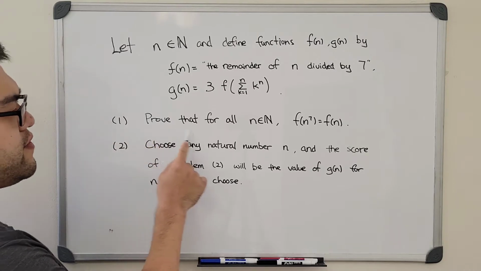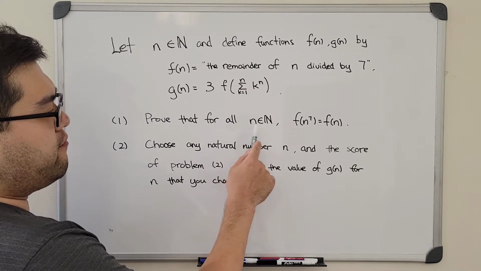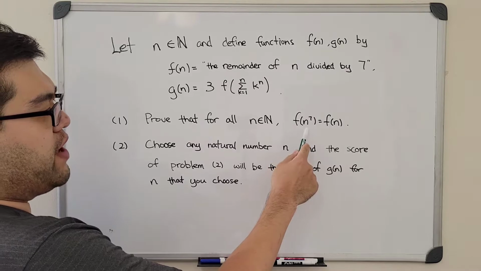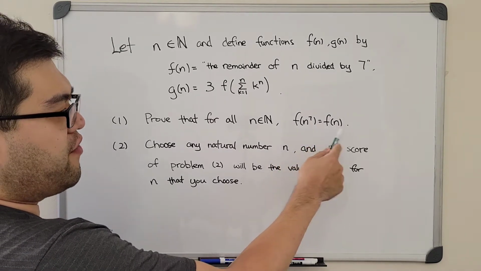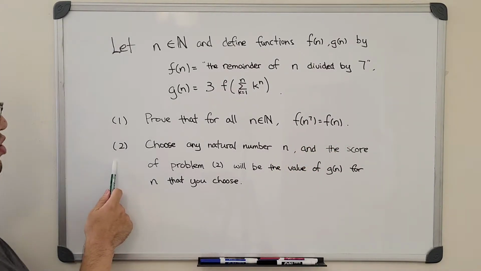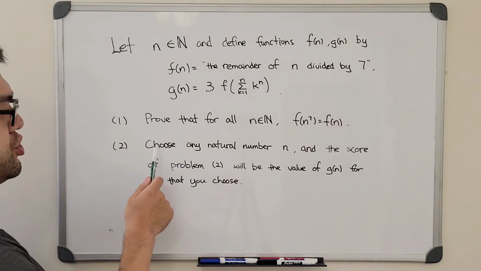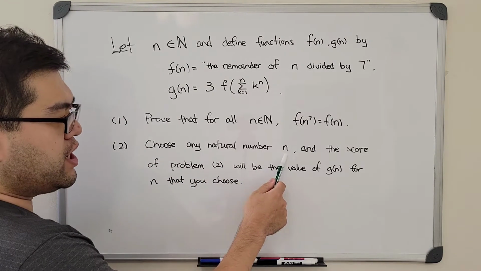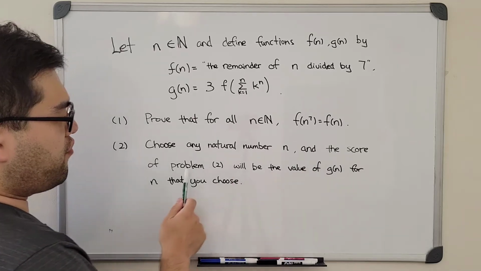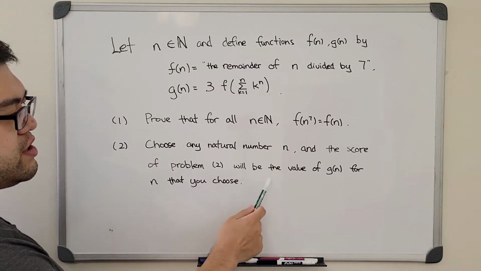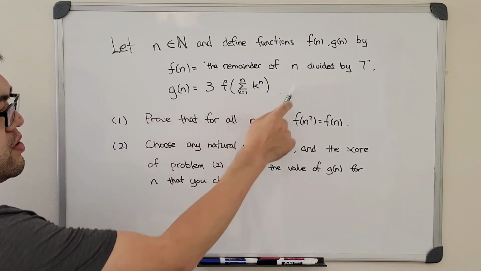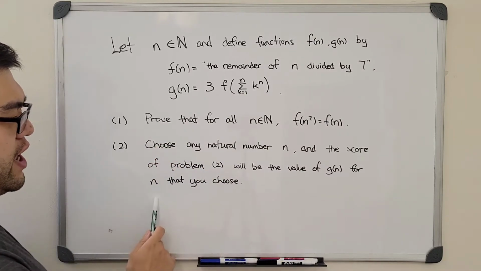Now, what's the question asking? It's asking to prove that for all natural numbers n, f(n) to the 7th power is equal to f(n). For the second problem, we have to choose any natural number n, and the score of problem 2 will be the value of g(n) for the n that you choose.